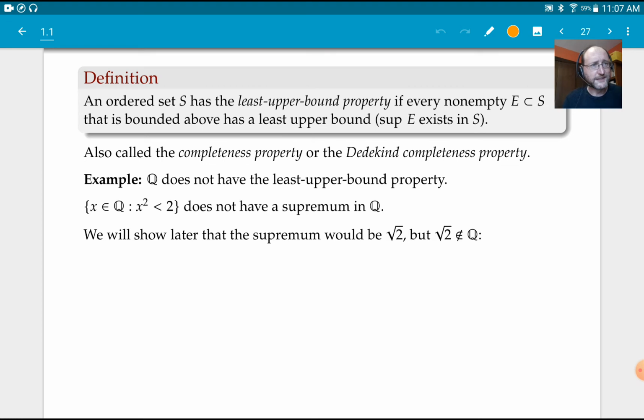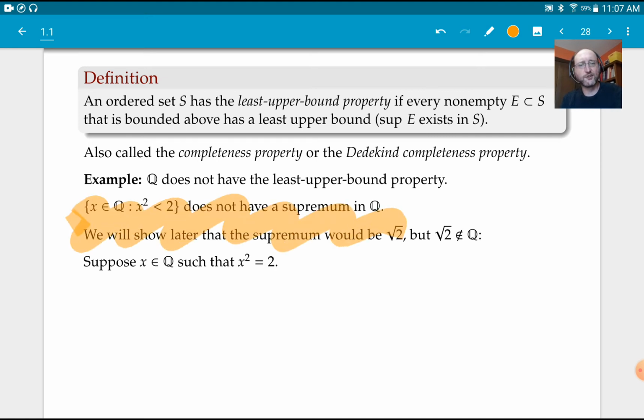Basically, the supremum should be the square root of 2, and the square root of 2 is not a rational number. Let's just prove that fact. We're being a little vague over here, but let's just prove that there is no rational number that squares to 2.